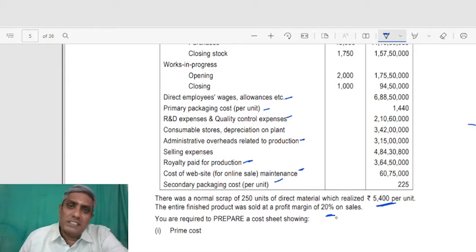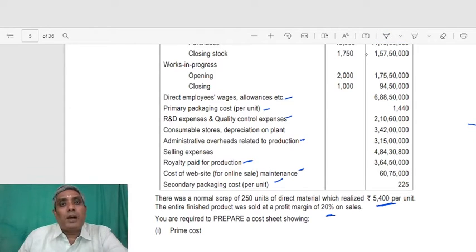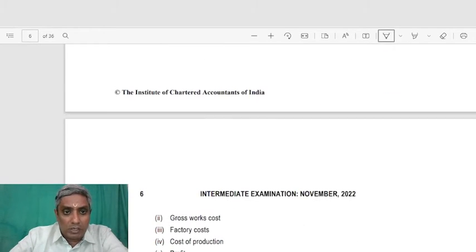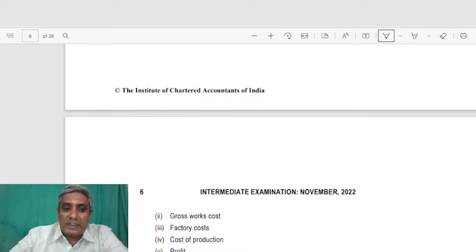We have to just place everything properly, not too many adjustments. This is what the question aims at. Placing it properly gives easy preparation of prime cost, gross works cost, factory cost, cost of production, profit and sales. A very normal, straightforward cost sheet question.